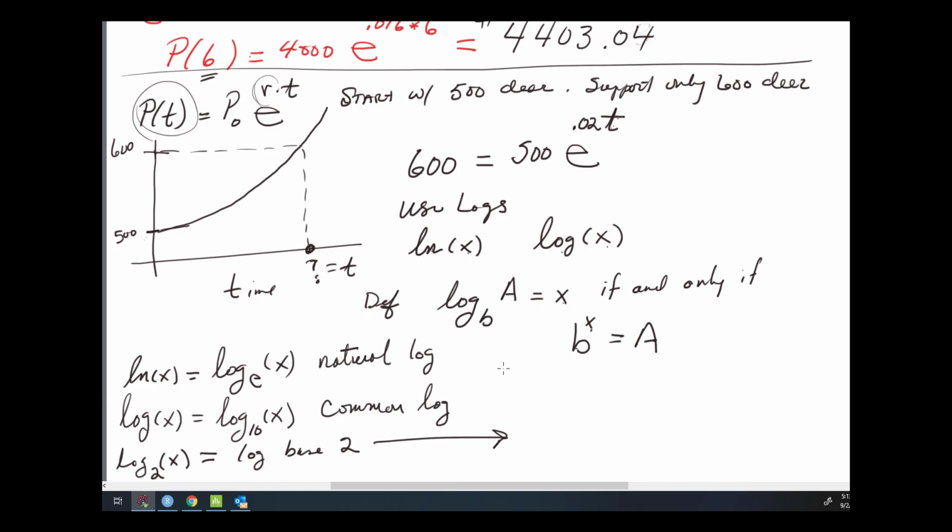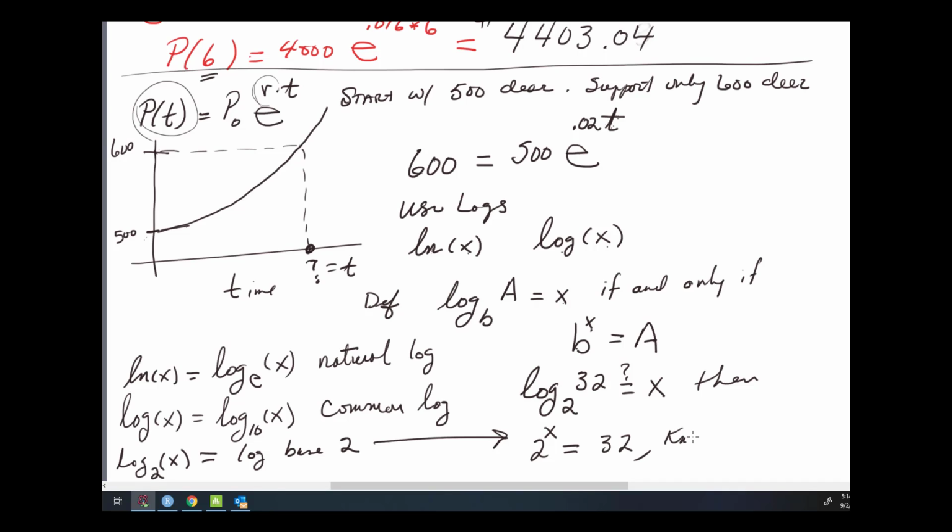They're used a lot in computer science, but I can illustrate the definition very nicely with the log base 2 by asking you just to solve in your head, what's log base 2 of 32? What does that equal to? Well, remember, if that's x, then the base 2 to the x has to be equal to 32.